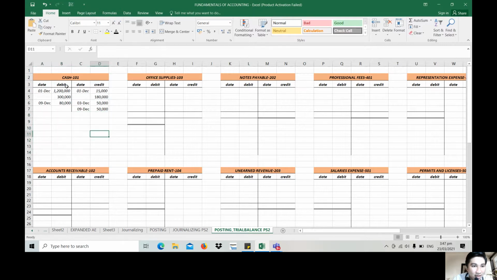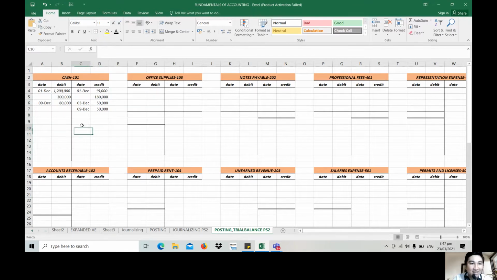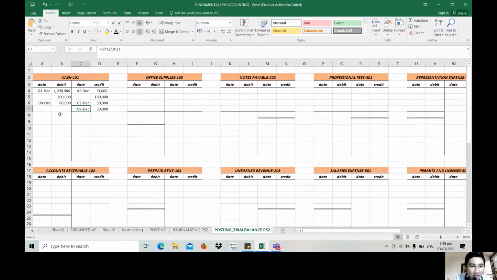Ayan, wag muna nating lagyan ng outline, kasi parang kinulang yung borders natin. Yan, December 9. Ayan. Naka-receive tayo ng cash. December 14. Okay, 250,000. December 14, 250,000.